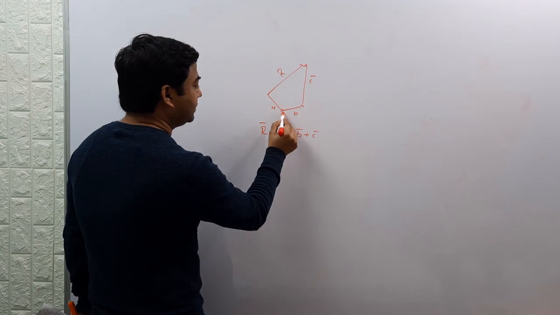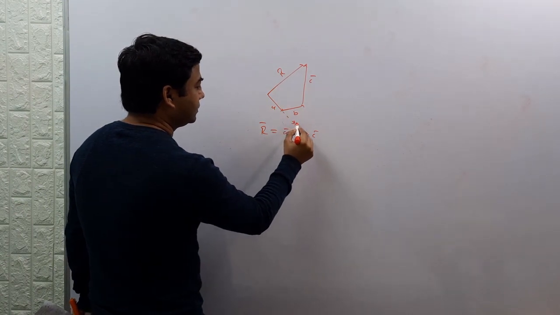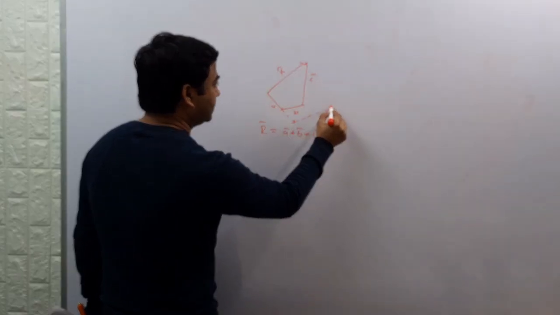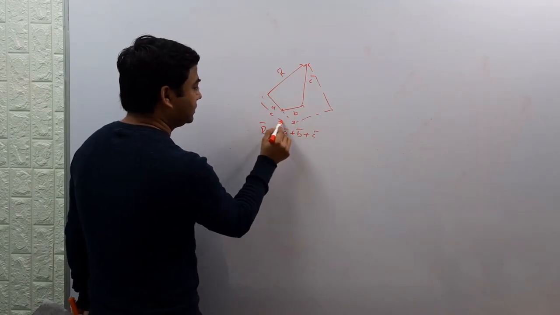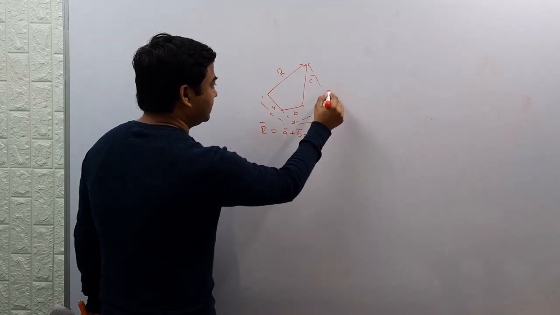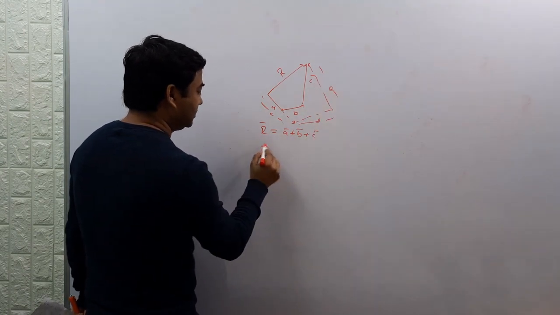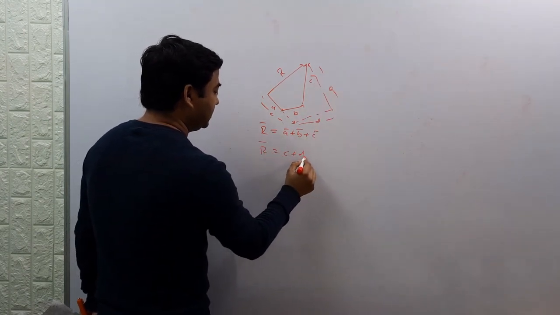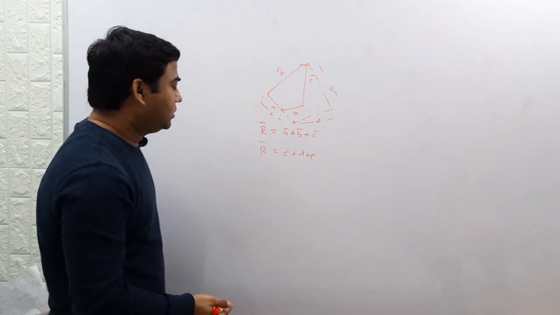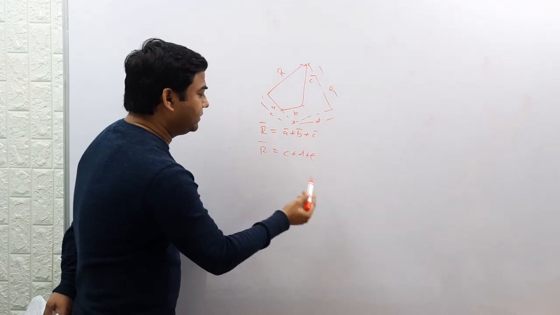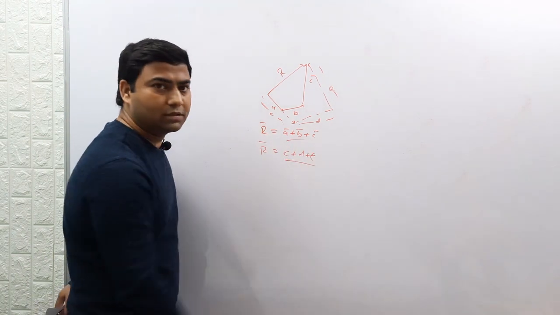Similarly, another polygon you can make up to here, up to here, and up to here. This vector is C, this vector is D, this vector is E. So R is equal to C plus D plus E. So from polygon law, you can say there are infinite number of combinations of three vectors.